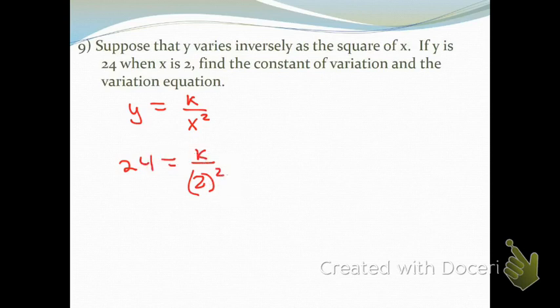What's 24 times 4? Because we need to find the constant. Anybody have it? Yell it out. 96. Let's rewrite our equation now. Y equals 96 over x squared. And that's it. They didn't ask for a third part.